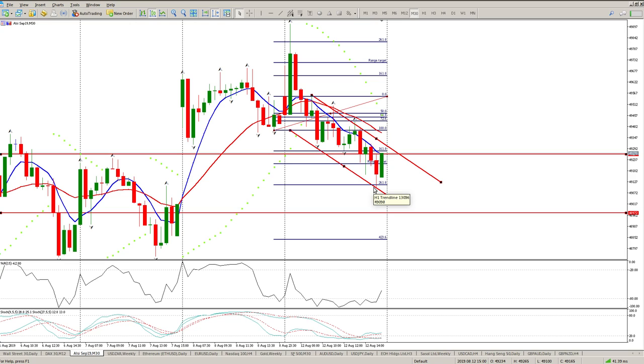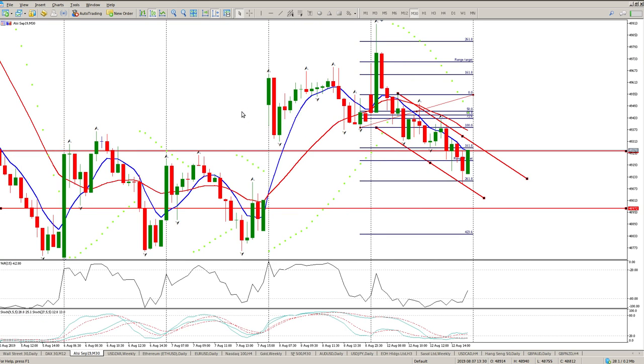A couple of years ago, there were a few studies done that whenever you broke the range like this in the direction, there was always a 90% chance that it would continue in that direction after the first hour and a half. But that pretty much doesn't materialize anymore.